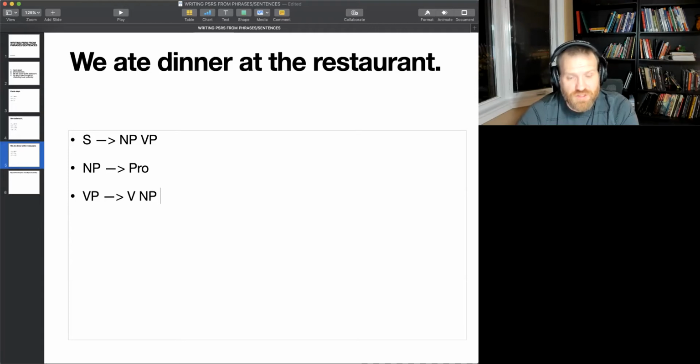And then at the restaurant is a constituent. It's a prepositional phrase. How do we know that those are constituents? Well, we can move at the restaurant together, right? So it was at the restaurant where we ate dinner, or that we ate dinner, or where did you eat? At the restaurant, and so on.